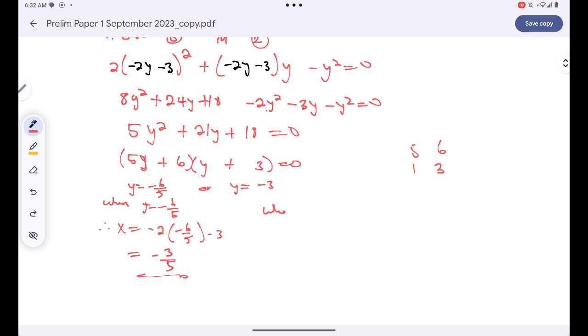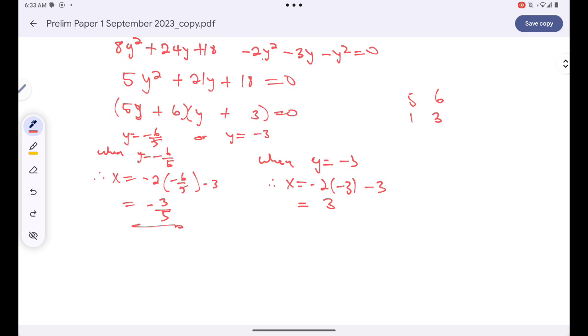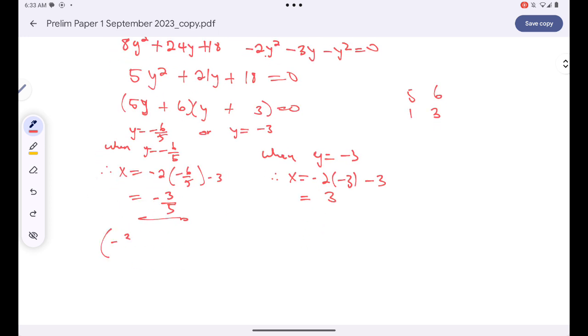And then when y is equal to negative 3, the value of x will simply be equal to 3. So when x is equal to negative 3 over 5, the y value is equal to negative 6 over 5. On the other side, when x is equal to 3, y is equal to negative 3.